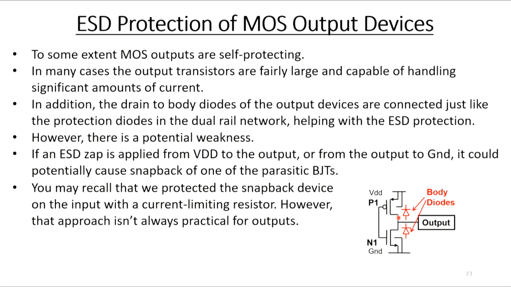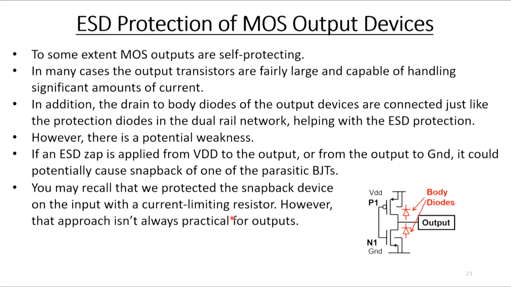However, there is one potential weakness here. If you zap from, say, VDD to the output or from the output to ground, you have the potential of snapping back one of the parasitic bipolars that are sitting underneath these MOS devices. And again, we said parasitic bipolars and snapback, you might destroy them.